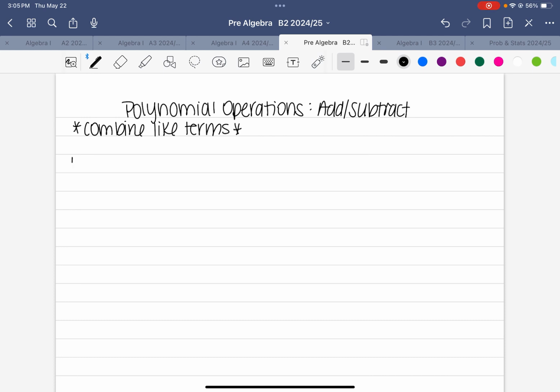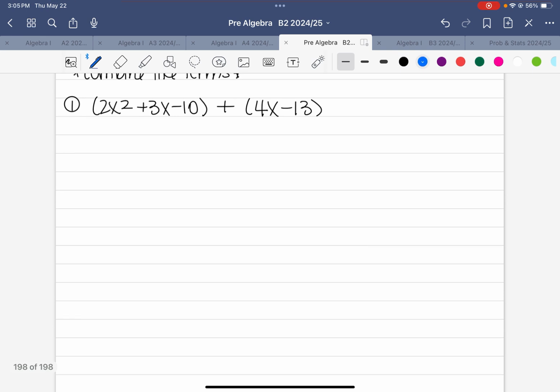So for number 1, we're going to take 2x squared plus 3x minus 10, and we're going to add 4x minus 13. Again, I do not enjoy this setup, so I'm going to do a rewrite.